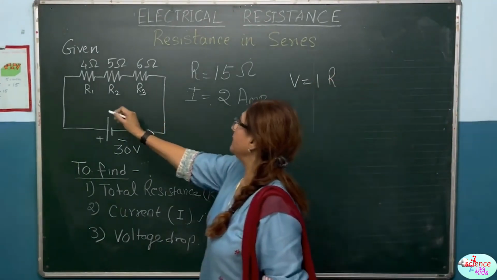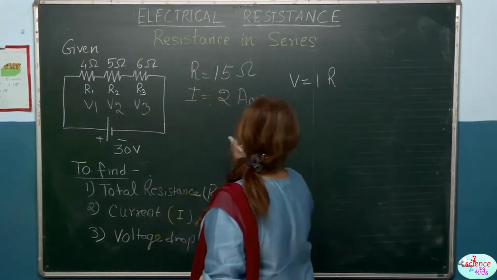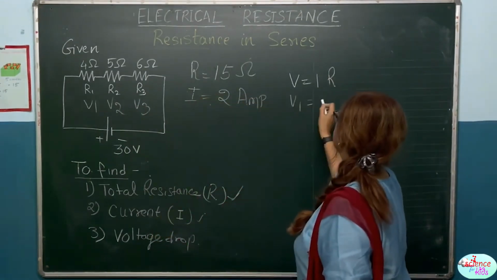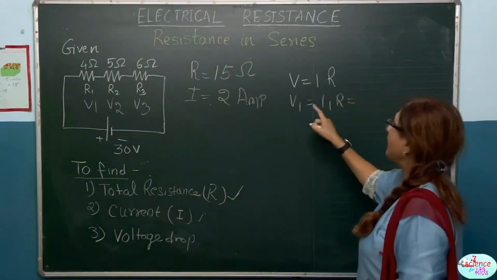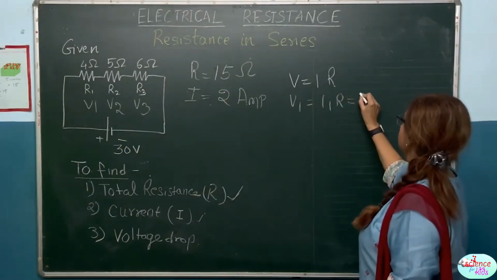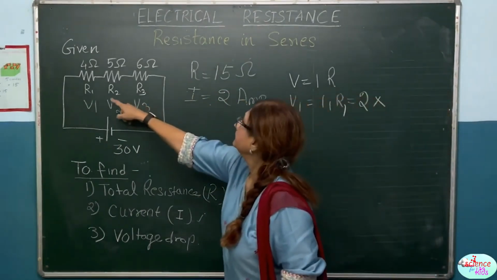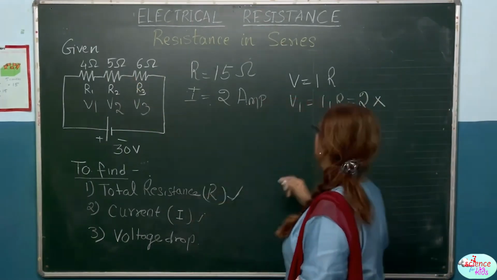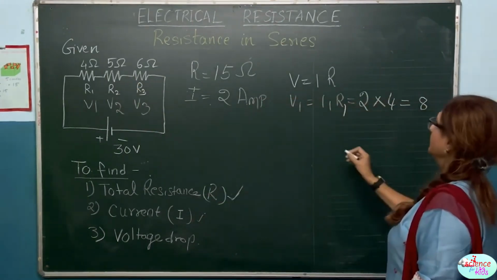So we have to find the voltage drops V1, V2 and V3. So V1 will be equal to I1 R1, and I will be the same for all, which we just calculated as 2 ampere. So 2 times R1, which is 4. So 2 times 4 is 8.